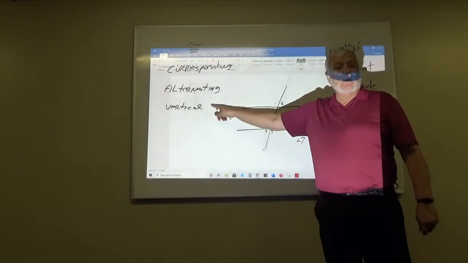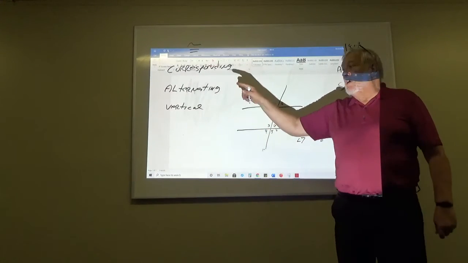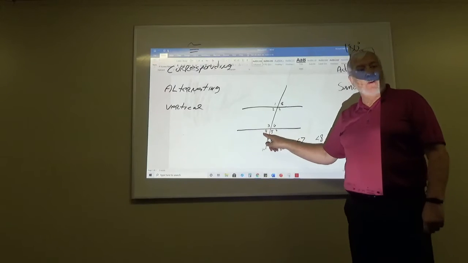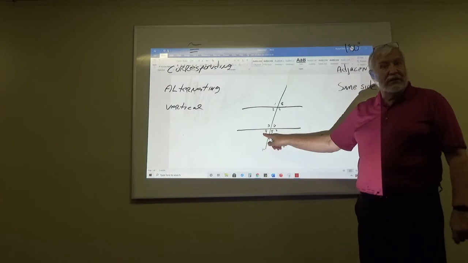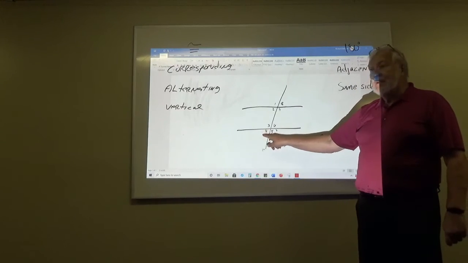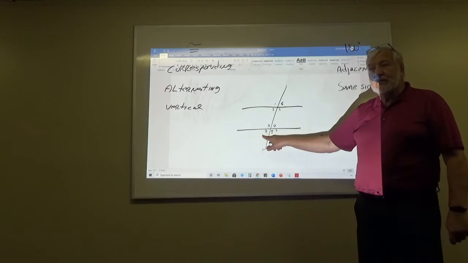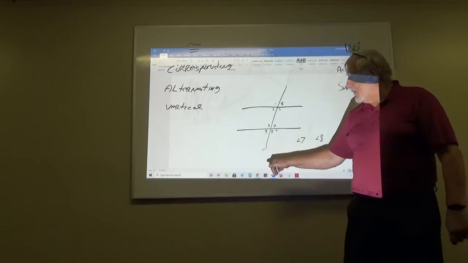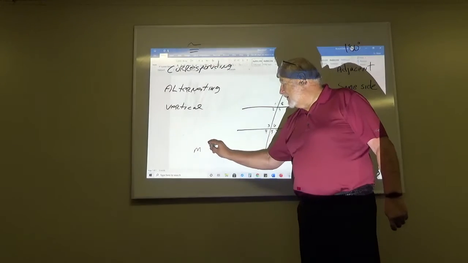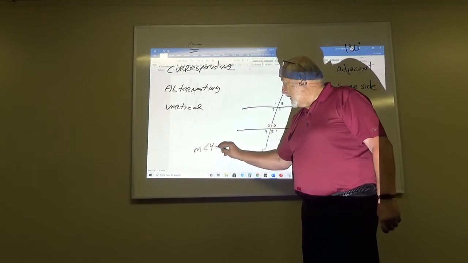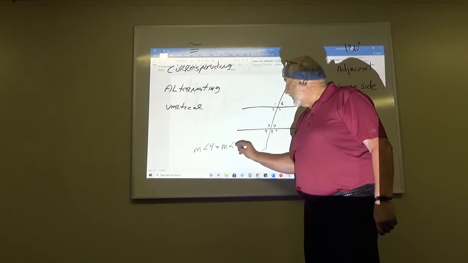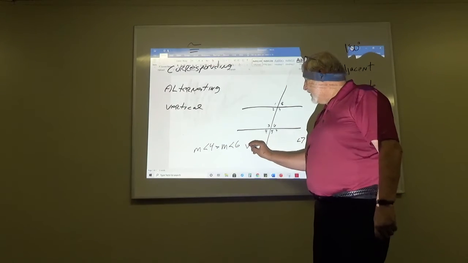So vertical angles are congruent, therefore angle 4 equals angle 6. I can write the measurement of angle 4 equals the measurement of angle 6 because they are vertical.